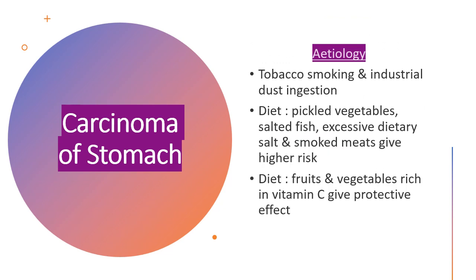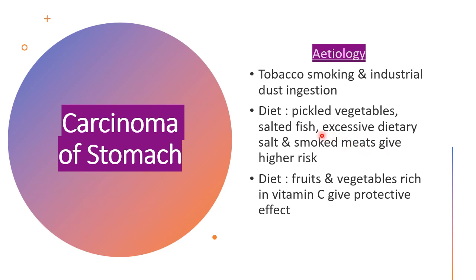What are the special risk factors for carcinoma of the stomach? Tobacco smoking and industrial dust ingestion, diet, pickled vegetables, salted fish, excessive dietary salt, smoked meat are considered high risk for the development of cancer of the stomach.